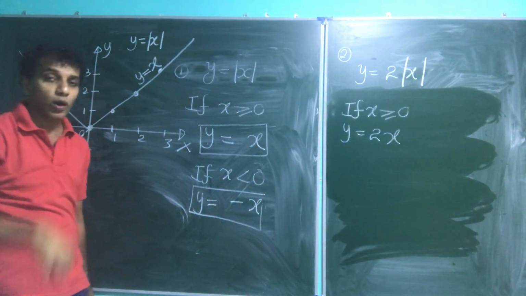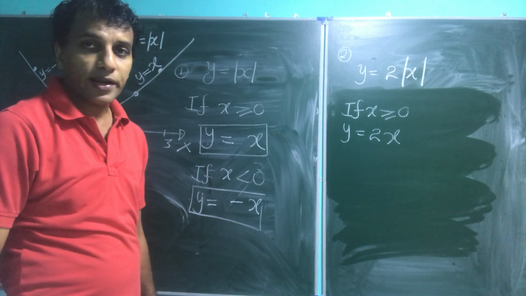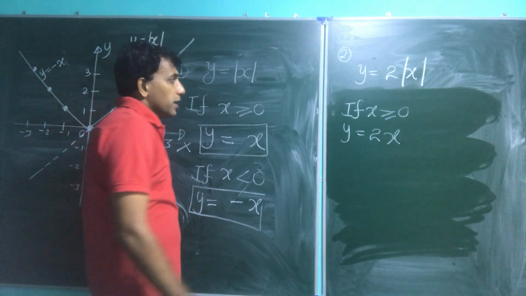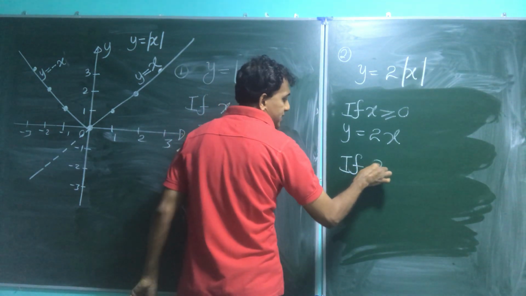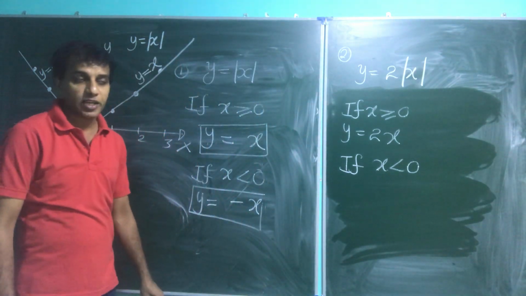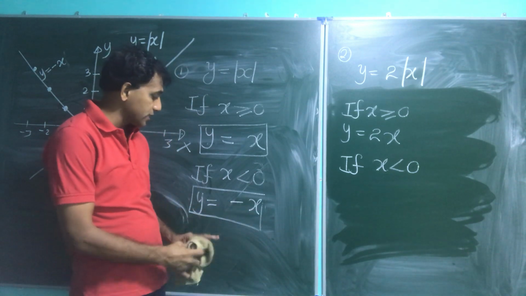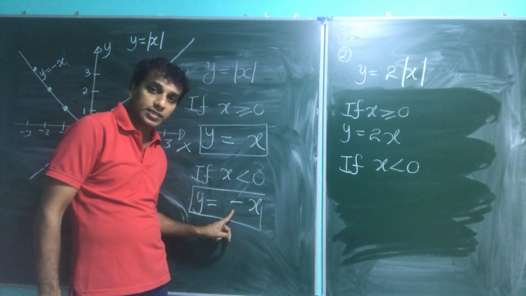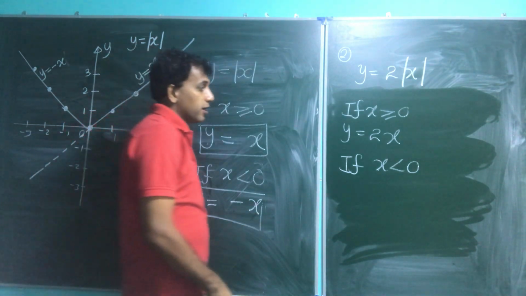So y equal 2x, simple grade 9 mathematics straight line graph, right? Next comes the other condition. If x less than 0, by definition x becomes negative. If x becomes negative, how the modulus says, you put an extra minus and write what is inside the modulus symbol, right? Therefore here what?